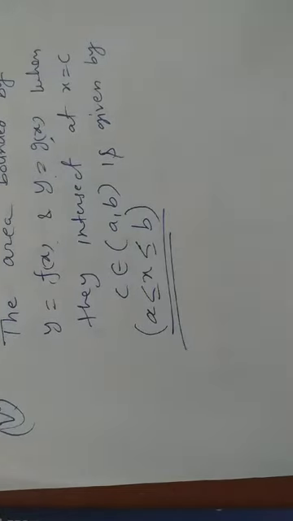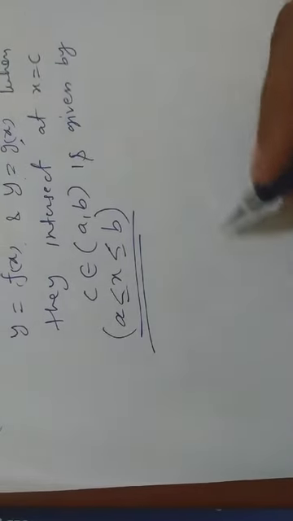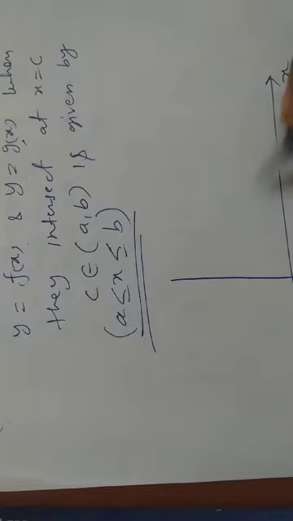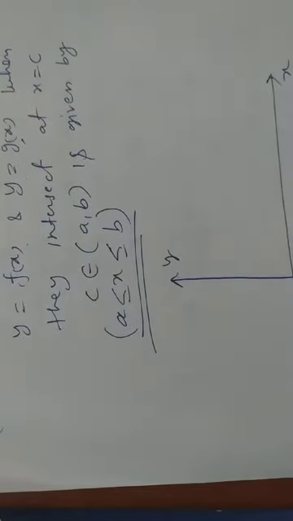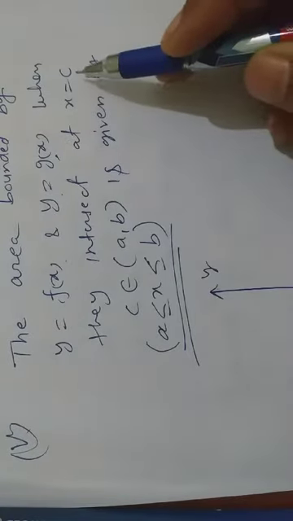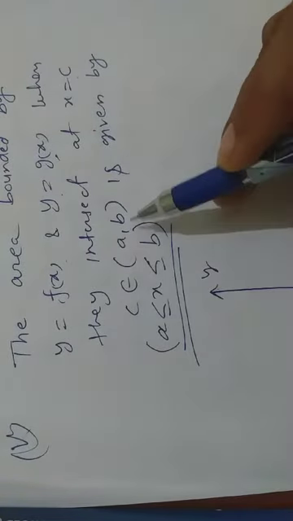So in this case, the figure will be like this. This is x-axis, this is y-axis, and y equal to f(x) and y equal to g(x) intersect at x equal to c, and c is a point between a to b.